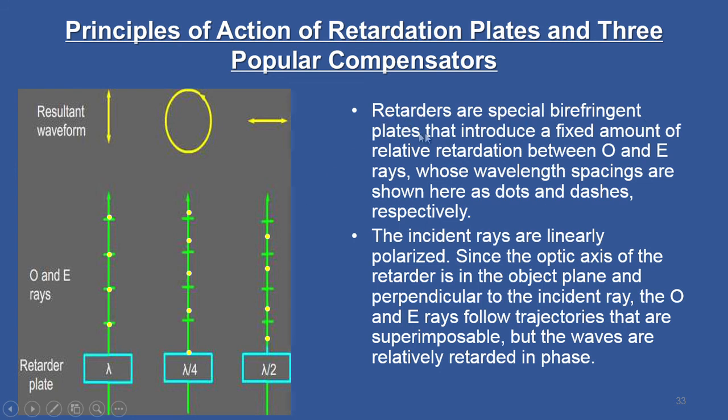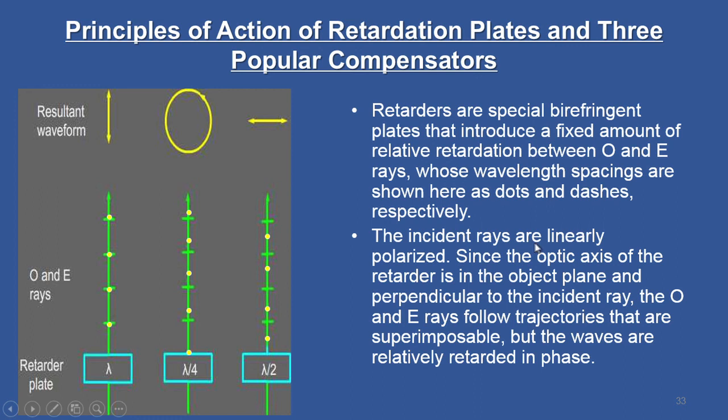Retarders are special birefringent plates that introduce a fixed amount of relative retardation between ordinary and extraordinary rays, whose wavelength spacings are shown here as dots and dashes respectively. So, here dots and dashes are the wavelengths of the extraordinary and ordinary ray.